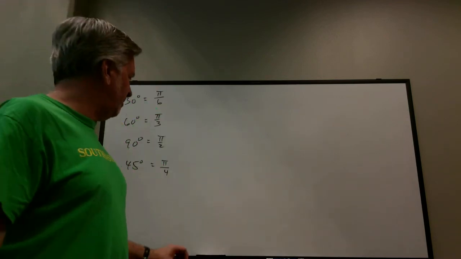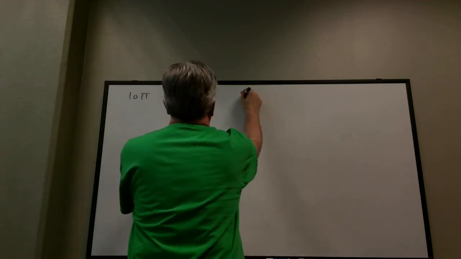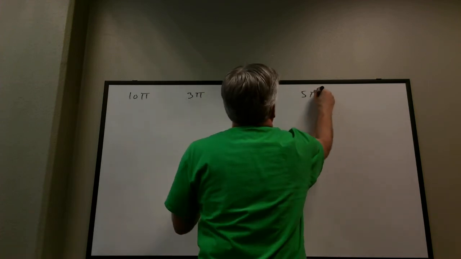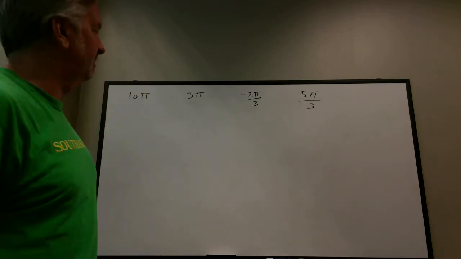Okay, now what I want to do is get you to try to think in terms of radian measure. In the next chapter on graphing, everything is done in radians. So you're not going to be able to sit and convert every time a radian measure angle comes up. Okay, so the next example says construct angles with radian measures of 10 pi, 3 pi, minus 2 pi over 3, and 5 pi over 3, without converting to degrees first.